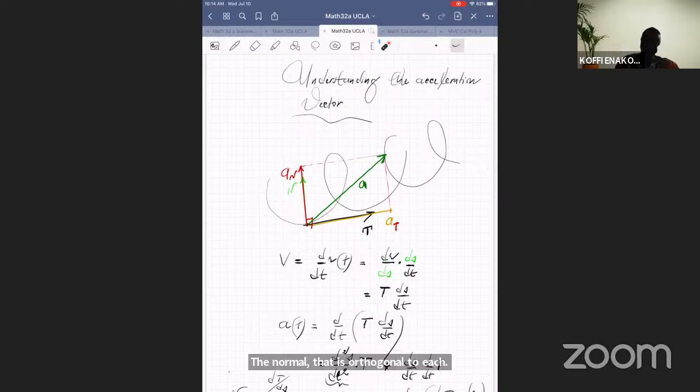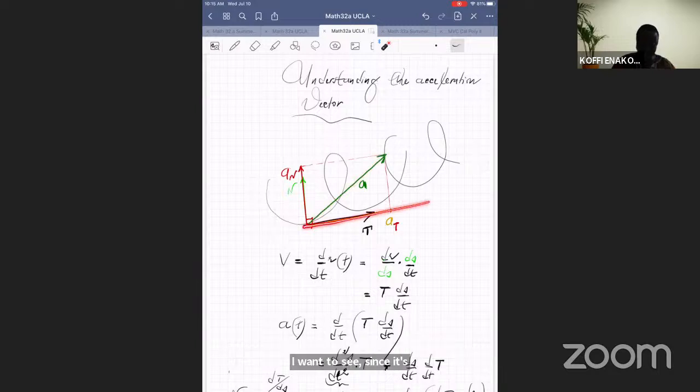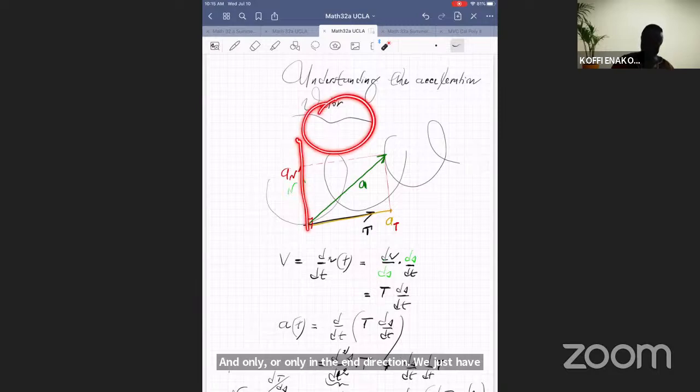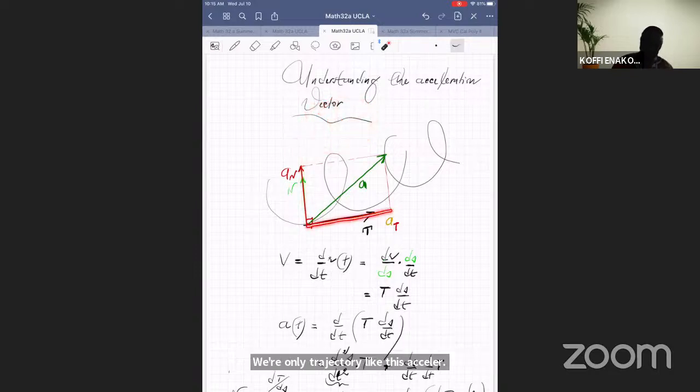Now, if I have an acceleration vector associated with the motion at each of the points, the acceleration vector will remain within what we call the osculating plane, the plane formed by T and N. It can be oriented only in the T direction or only in the N direction. We just have seen one of them, where on a trajectory like this the acceleration is centripetal like that. It means the tangential one does not exist.